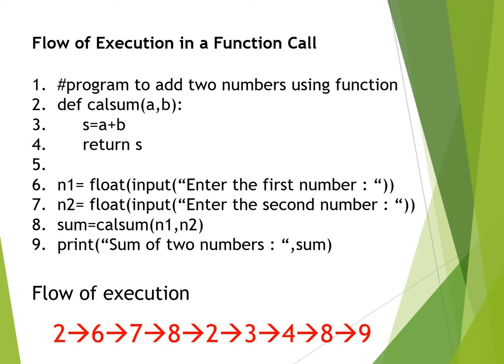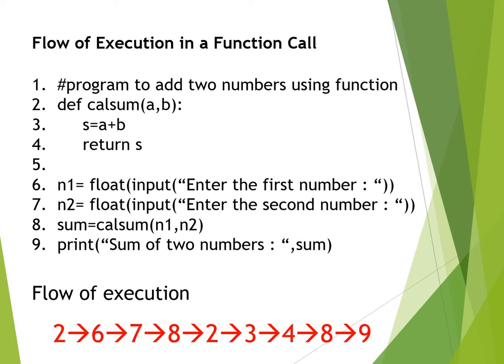Now, program execution begins with the first statement of the main segment. Always, program execution starts from the first statement of the main segment. Whenever a function call statement is encountered, the execution frame for the called function is created and the control is transferred to it.